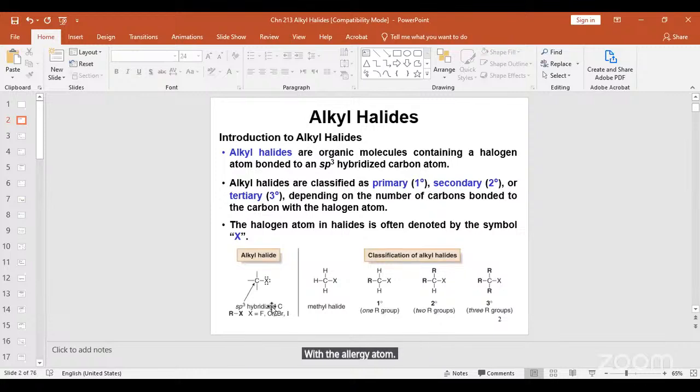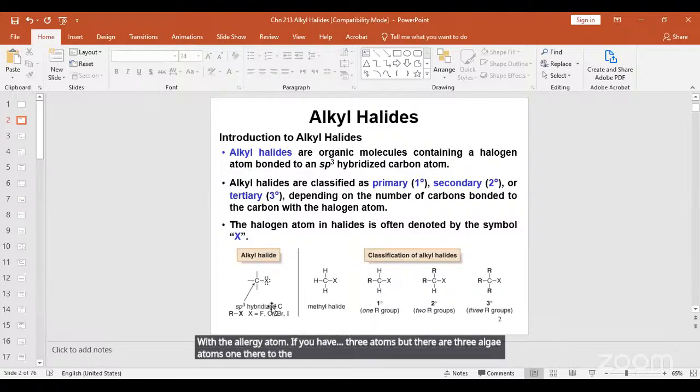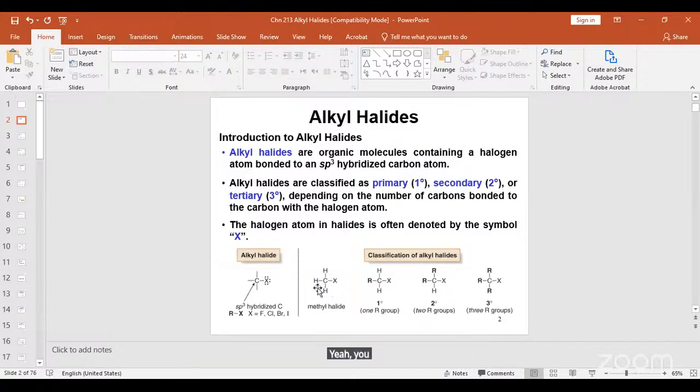If you have 3 hydrogen atoms bonded to the carbon bearing the halogen, then you have methyl halide. There you go. We have the carbon bonded to the halogen. We have 1, 2, 3 hydrogen around it. So that will be methyl halide.